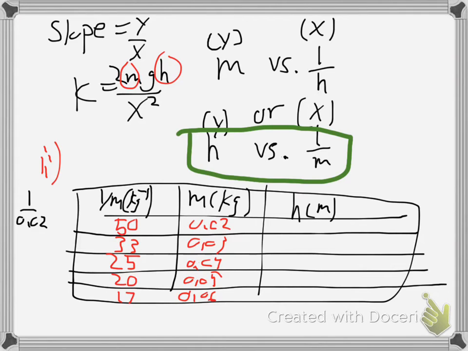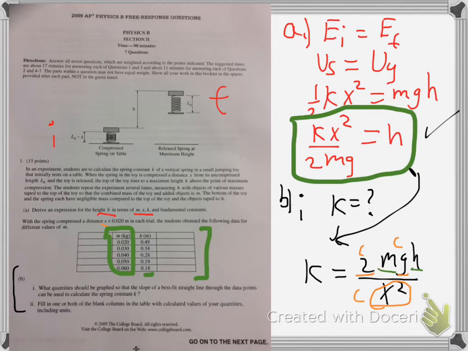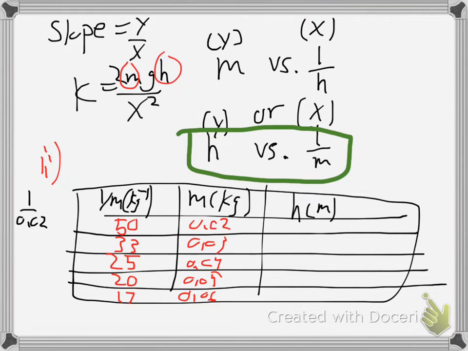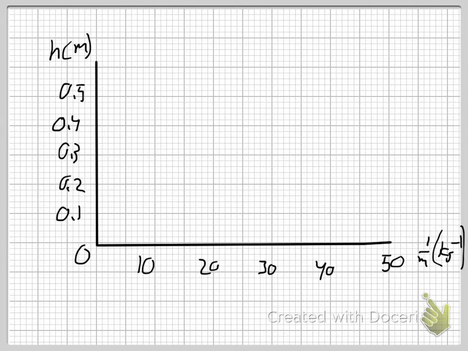Let's go back to the height. The height for my first point is 0.49, and 1 over m is 50. I'm going to use a different color here; I think orange sticks out very well. So 50, 0.49 is going to be about there.